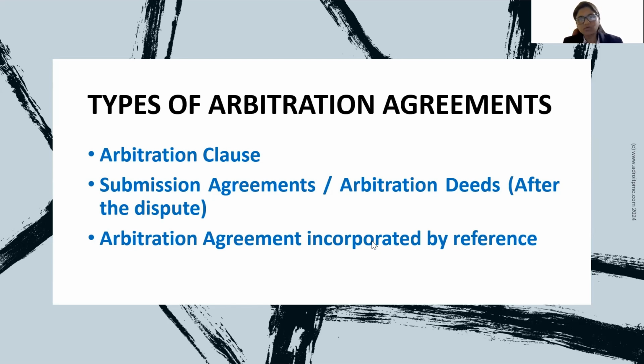So in the absence of such a dispute resolution clause, the parties can refer to the previous dispute resolution clause and resolve their disputes through arbitration. Such a reference is called an arbitration agreement incorporated by reference.